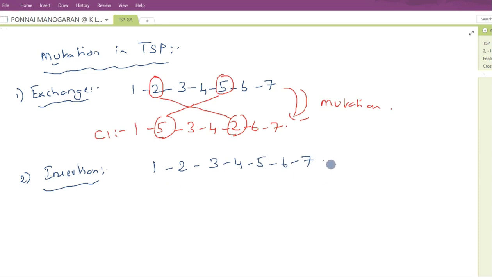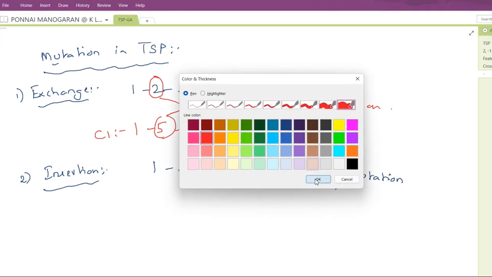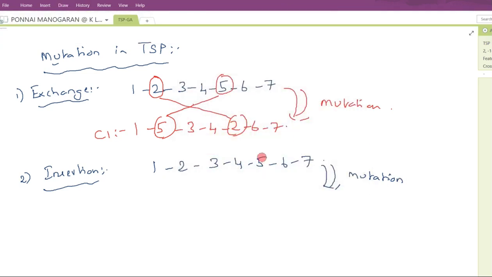For insertion, instead of taking 2 mutation points, you take any one point. If you apply insertion type mutation, you select any one mutation point.